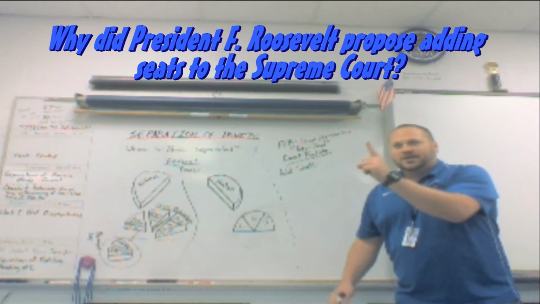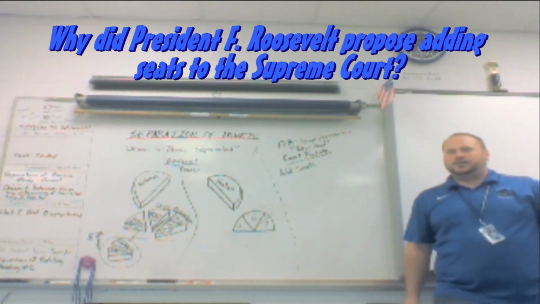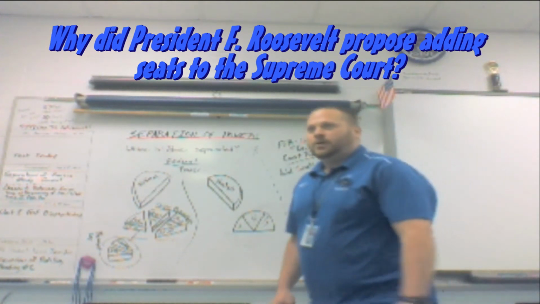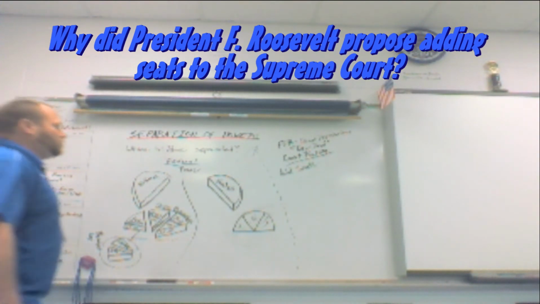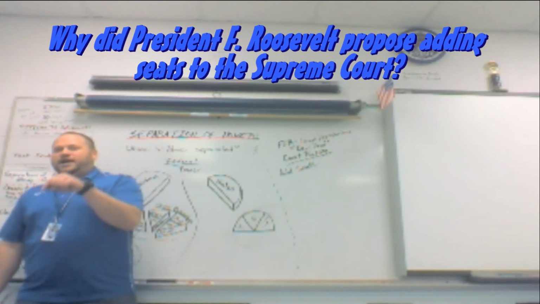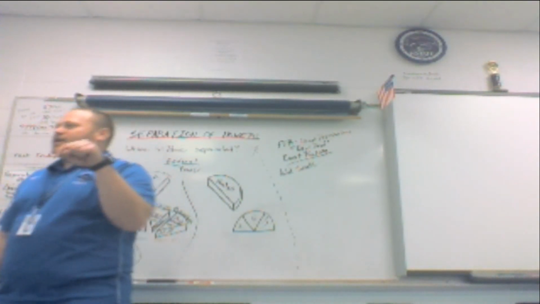Yeah, the president does. So, if they get the Constitution changed to add seats, and he wanted to add 6 to get it up to 15, who would get to choose those new seats? He would, right? And who's he going to choose? Yeah, people that are going to help him out.